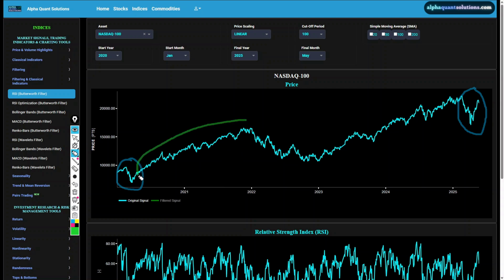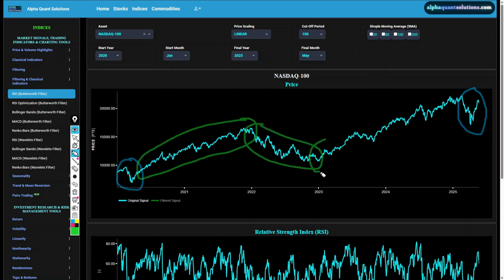One here, where you see a bull period until 2022, so from the recovery of the COVID pandemic until late 2021, beginning 2022. Then a bear market up until early 2023.